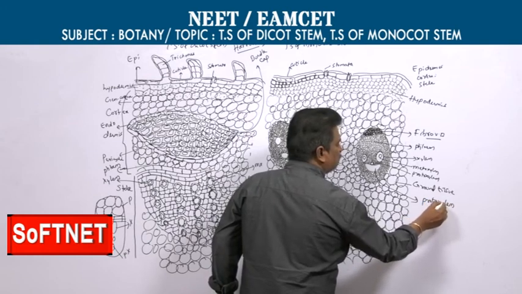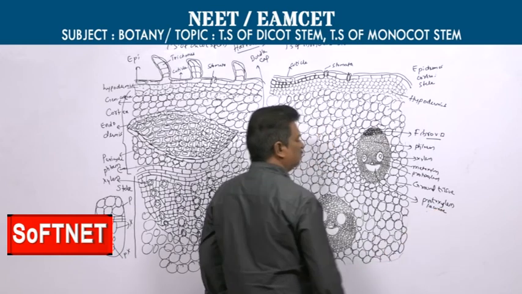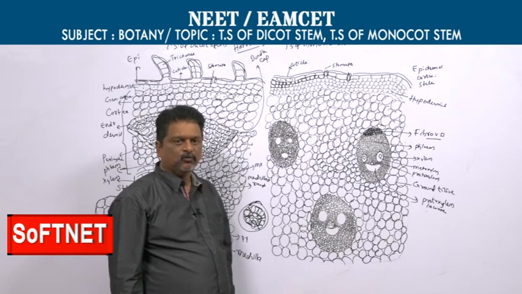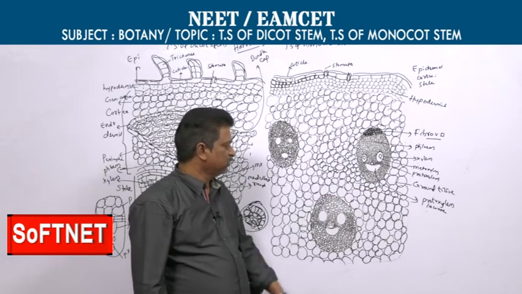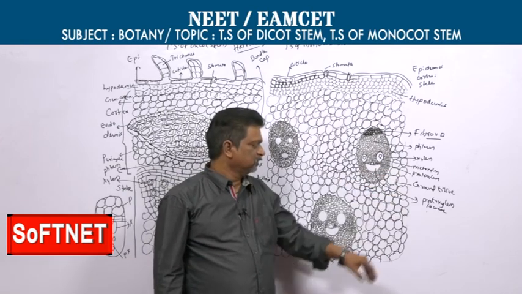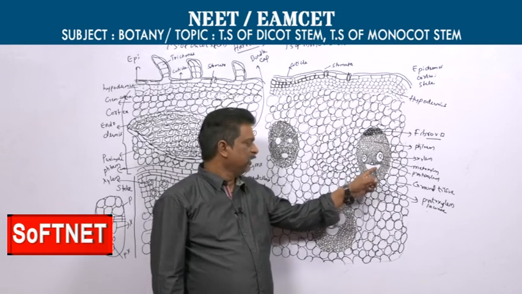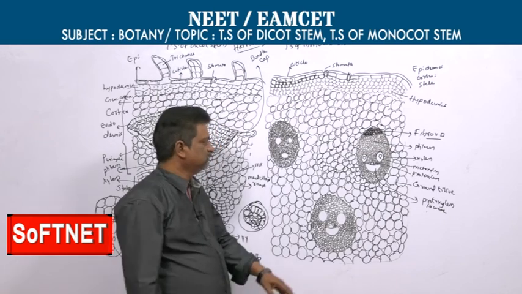That cavity is called protoxylem lacuna, and it stores water, so it is called a water storage cavity. Rightly, this protoxylem lacuna is a lysigenous cavity. It is formed due to lysis of cells.